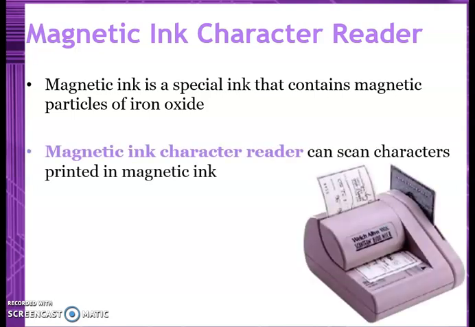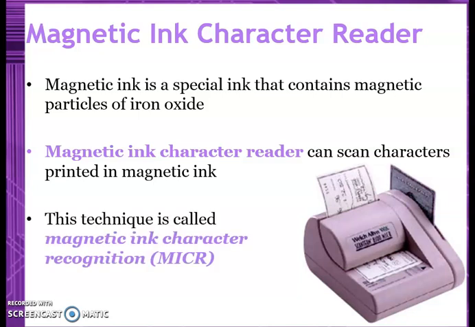It is mostly used in banks for their checks. This reader scans characters printed in the magnetic ink. The technique through which we identify those characters is called magnetic ink character recognition, MICR.